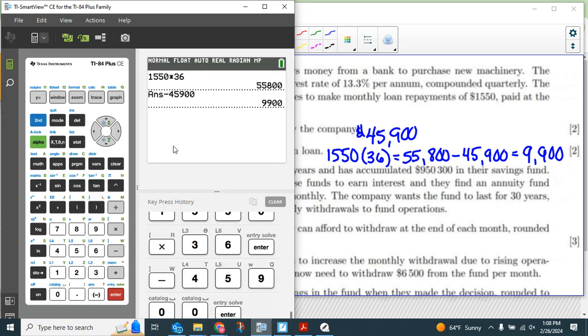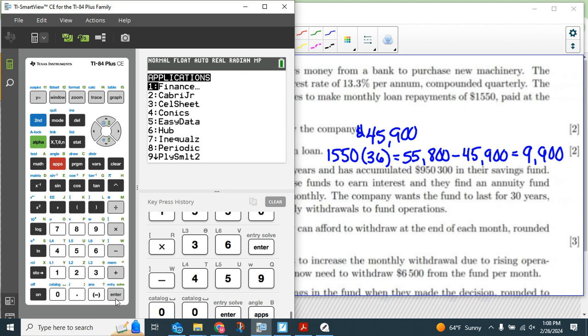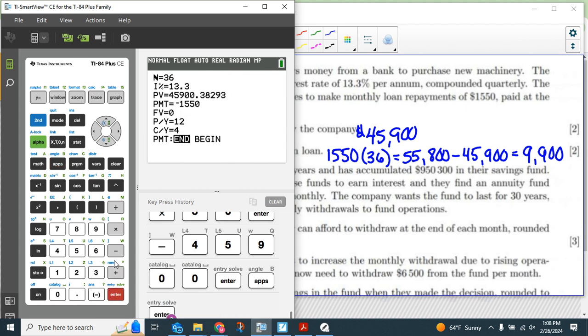Okay, so we have to start putting all this stuff in. Again, we want to go to our TVM solver. They want this to last for 30 years, and they're taking out money every month. So 30 times 12 is 360, but you could just do 30 times 12 in there.